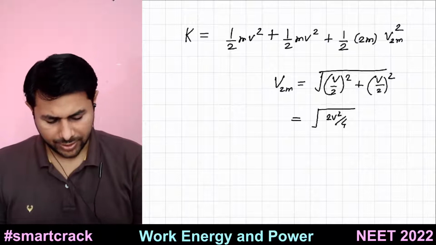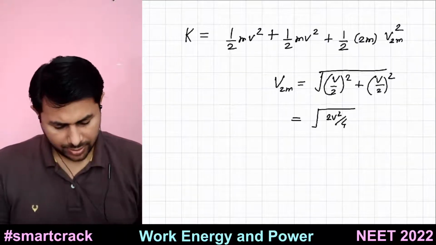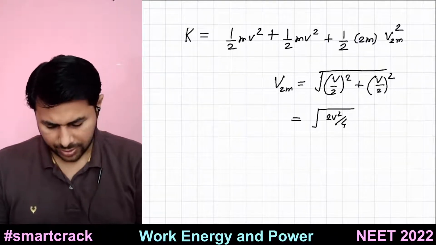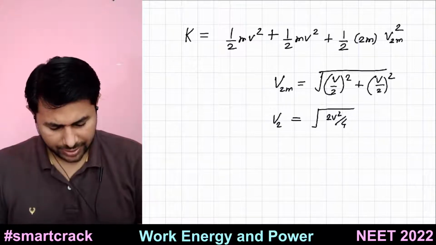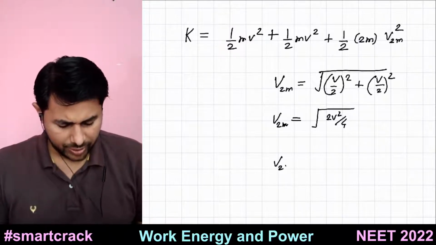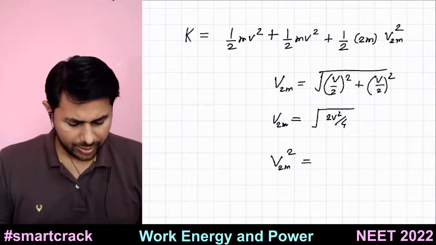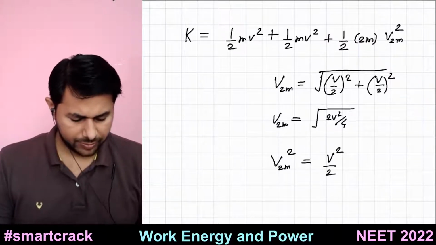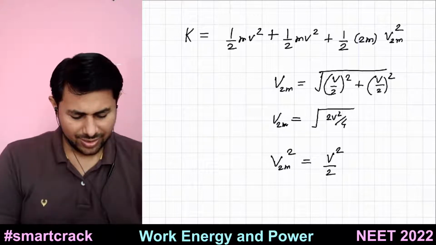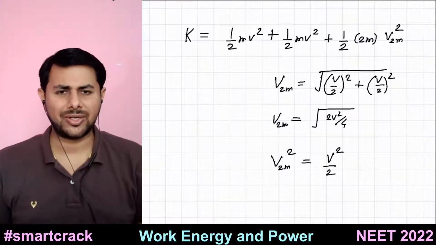So I need not find out all this, it is just the square root of this thing. That's right. So v2m square will be v square upon 2. We need not find the square root.